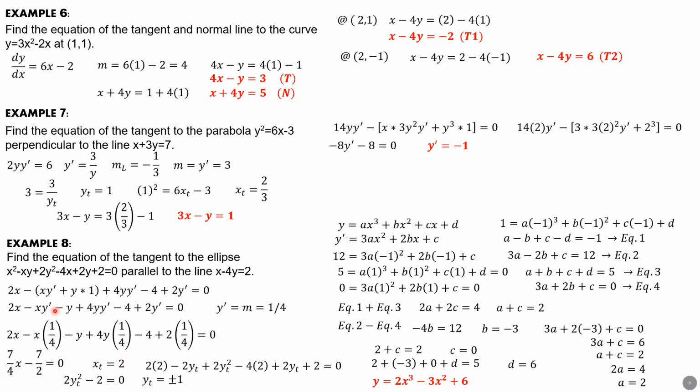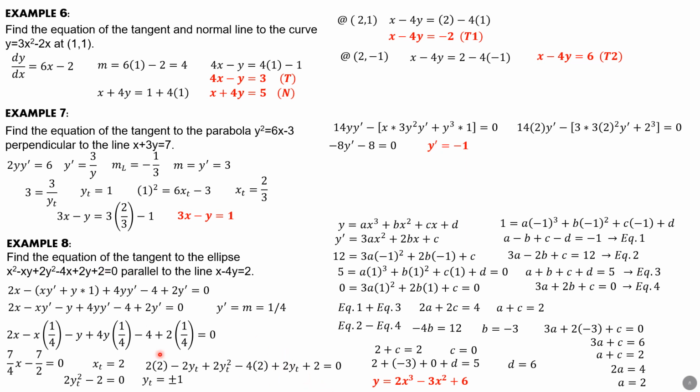Then substitute into the original equation to solve for yt. 2 times 2 squared minus 2 y sub t plus 2 y sub t squared minus 4 times 2 plus 2 times y sub t plus 2 equals 0.